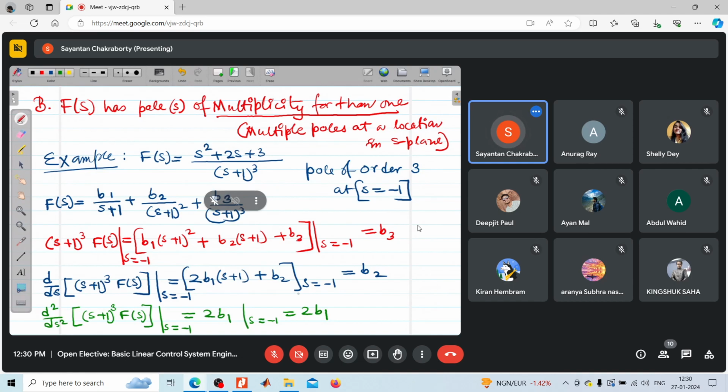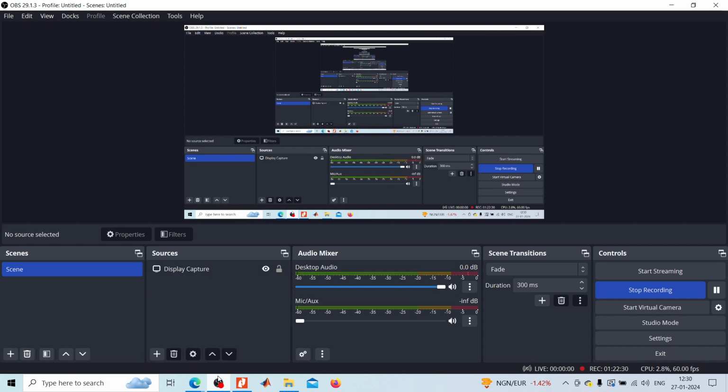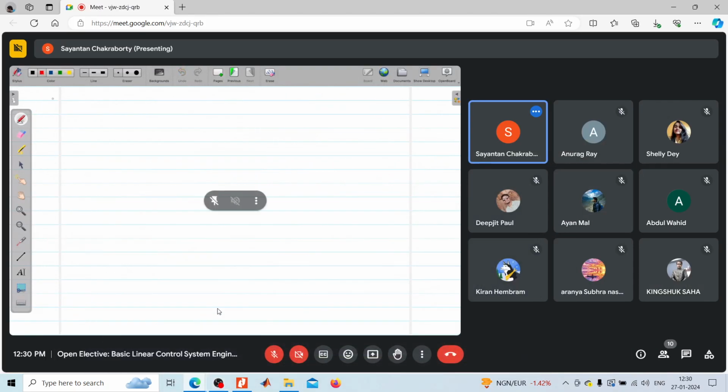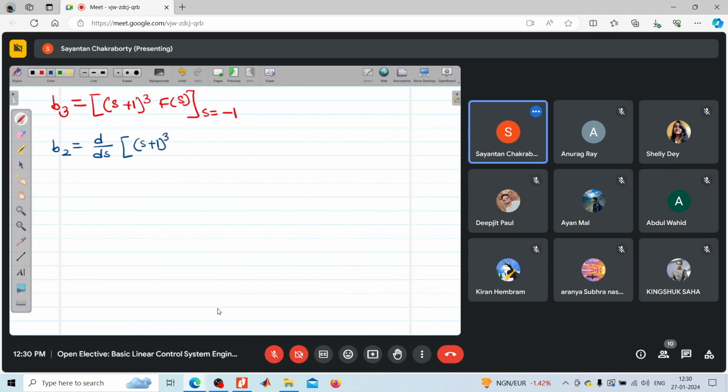If we summarize this, we can write down that b3 is s plus 1 whole cube Fs calculated at s equal to minus 1. b2 is equal to d by ds of s plus 1 whole cube Fs at s equal to minus 1.